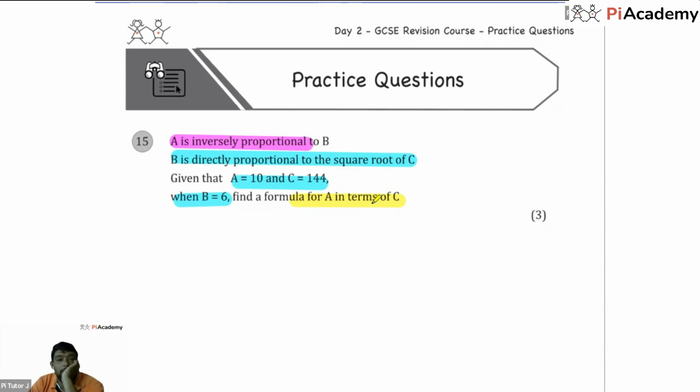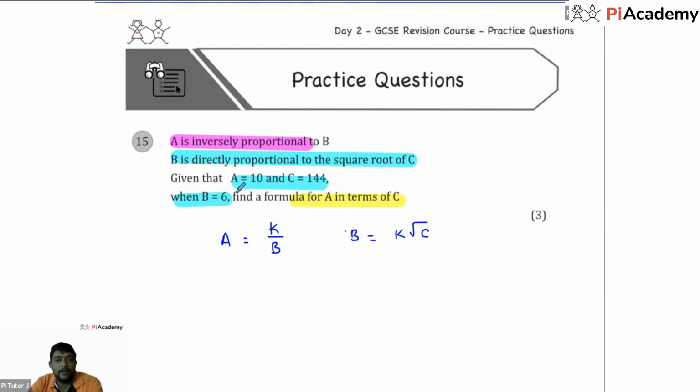Done? It says A is inversely proportional to B. So A is equal to, let's say, K over B, proportionality constant K over B. B is directly proportional to the square root of C, so B is equal to K times square root of C. When B is equal to 6, A is equal to 10 and C is equal to 144.